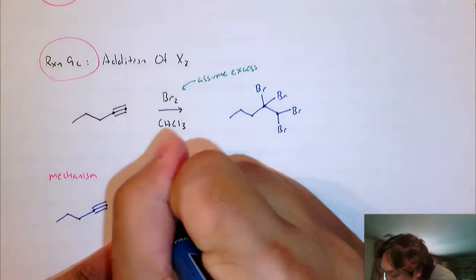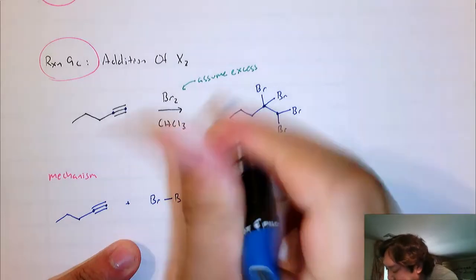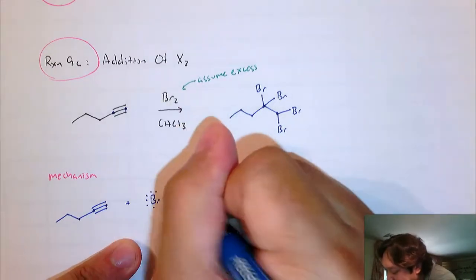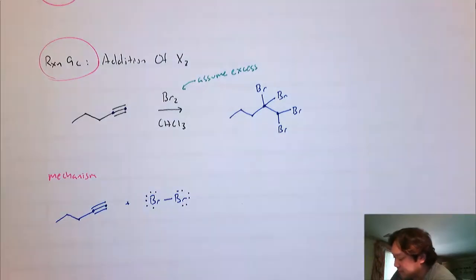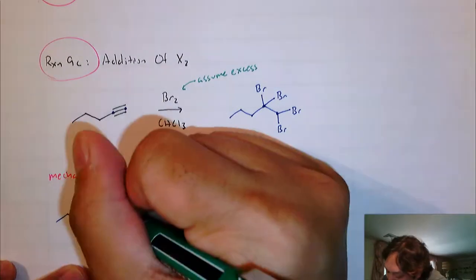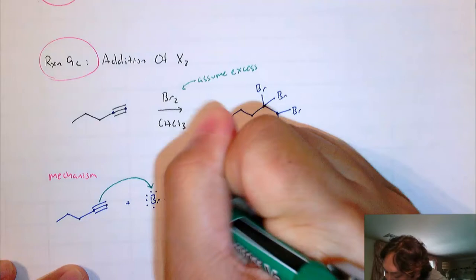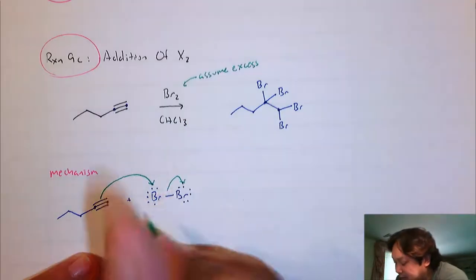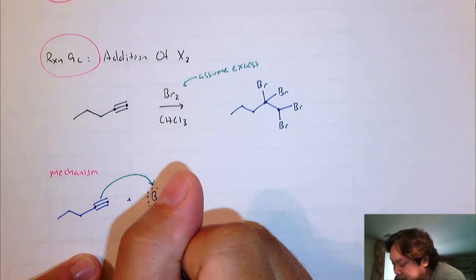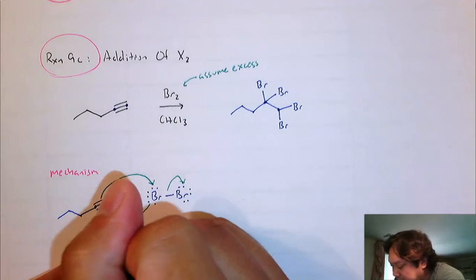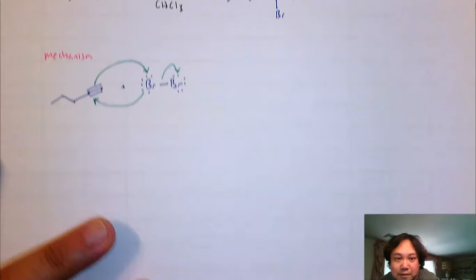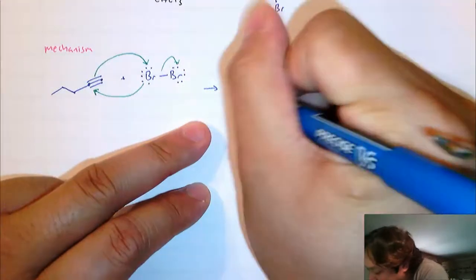We're going to make that triangle, that 3-membered halonium or bromonium ring. Pi bond attacks, kicks out the Br. Remember the back attack, where you take the lone pair of the initial bromine that was attacked and you go back to the more substituted carbon. And that's our first step. And we make that triangle.